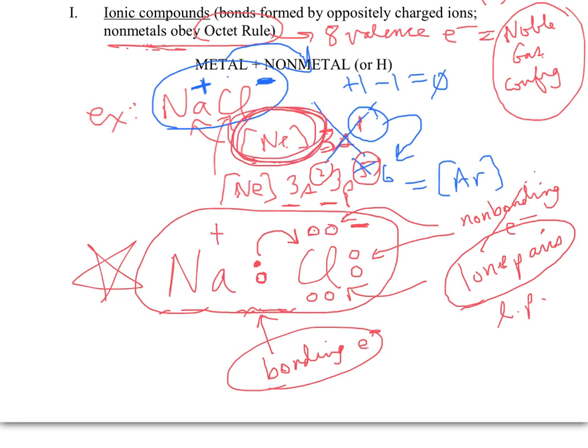Just neon. It's the same as the configuration of neon, and the neon's configuration in the valence energy level is 2s2, 2p6. So they all are obeying the octet rule. It's just that the only ones where you physically see 8 electrons drawn in the Lewis structure is for the nonmetals.